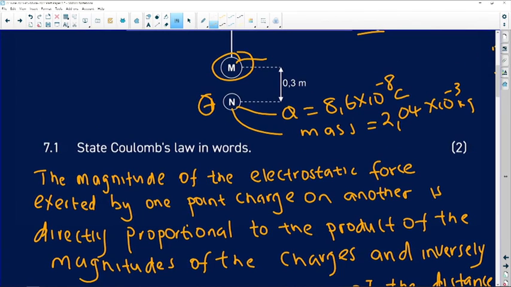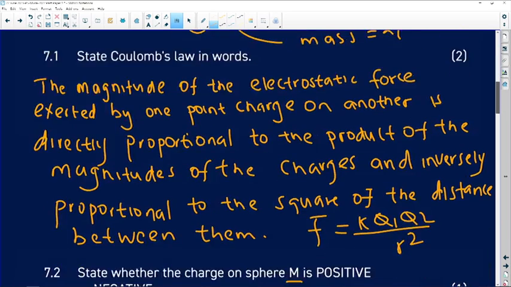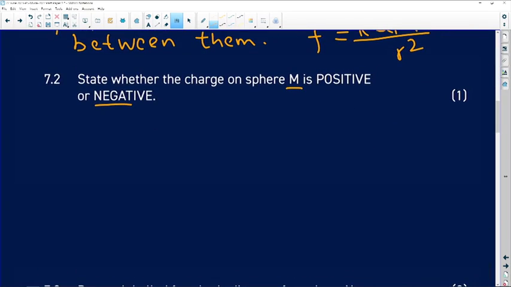Now M is being pulled down, so M must be attracted to N. If N is positive, there will be a force of attraction only if M is negative, so that it can be pulled down to N. So our answer is negative, for 1 mark.